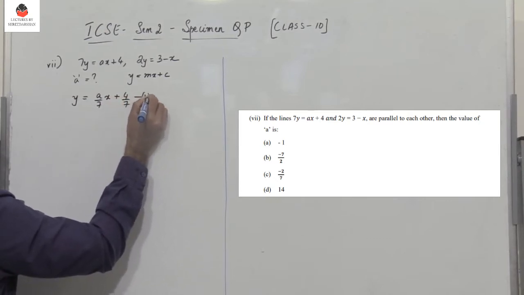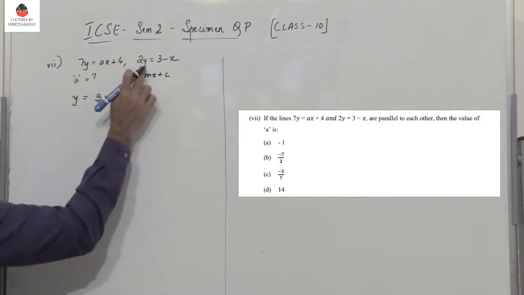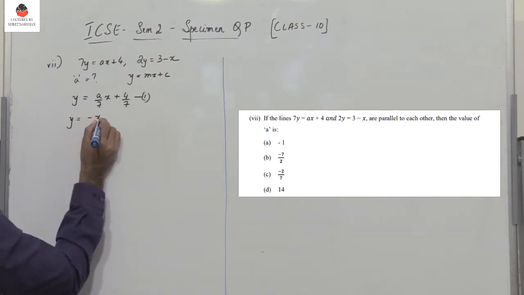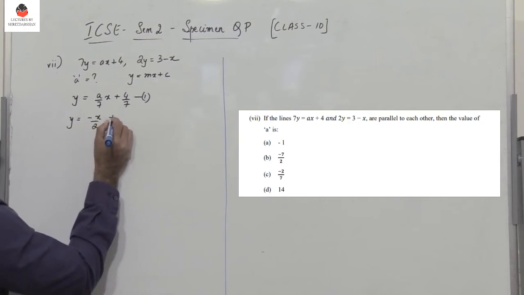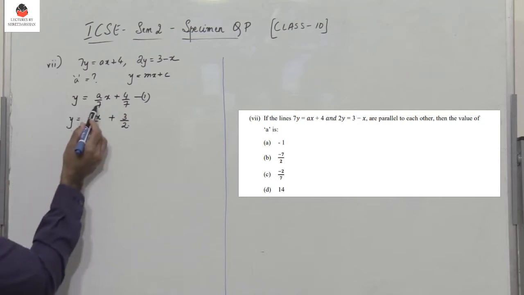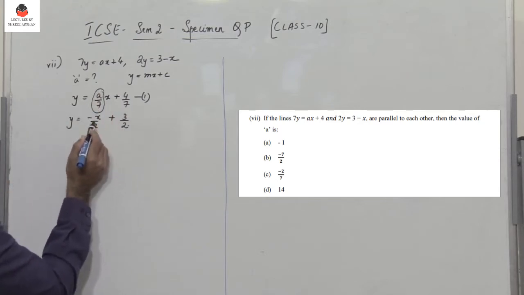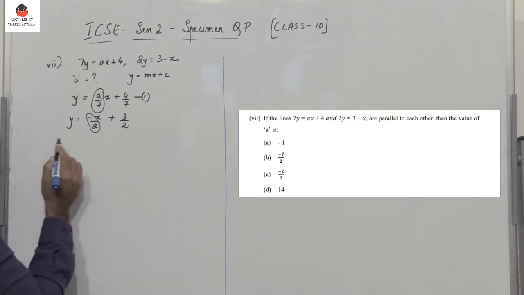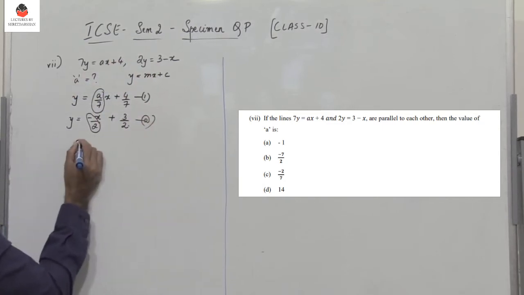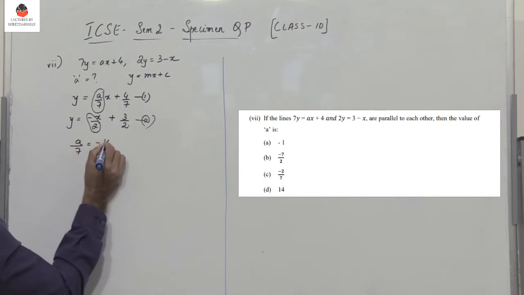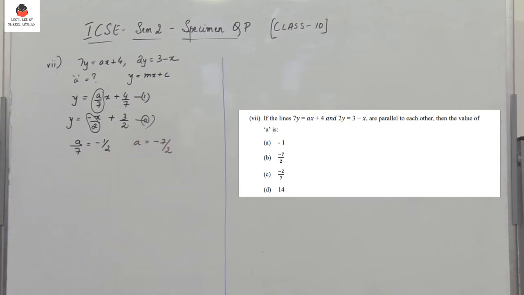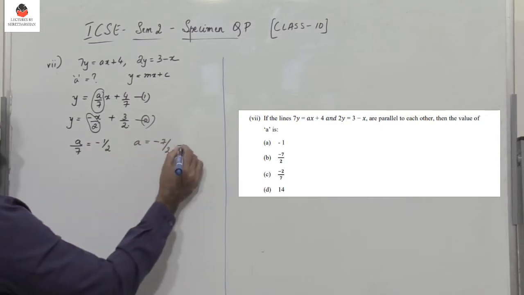This is equation 1, the first line. Now here, taking 2 to the other side, I get y equals minus x by 2 plus 3 by 2. So observe the coefficient of x is m. They have to be equal if the two lines are parallel. So therefore, you have a by 7 equals minus 1 by 2, or a equals minus 7 by 2. So the right option is option B.